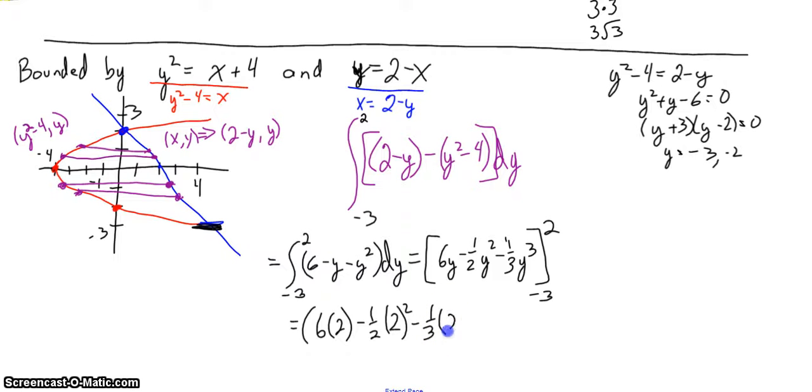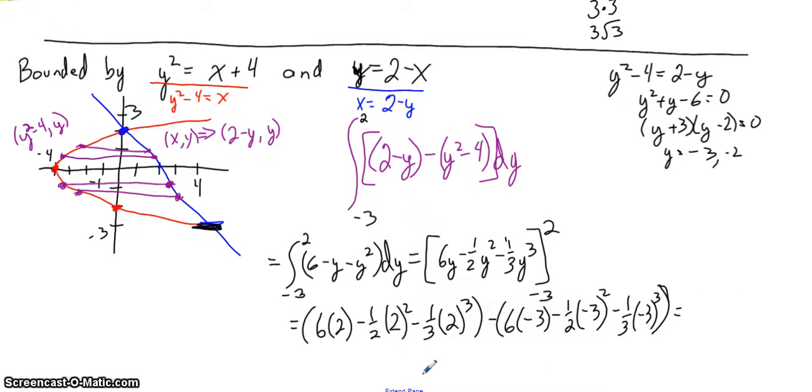Plugging in 2, plug in -3, which is nice because I'm seeing minus a negative here, which is going to give me a positive. And let's get all that together.